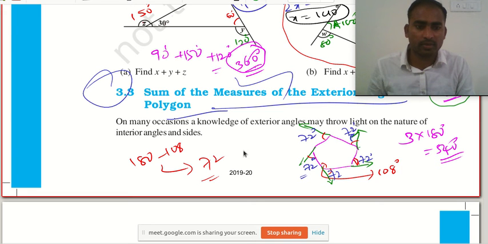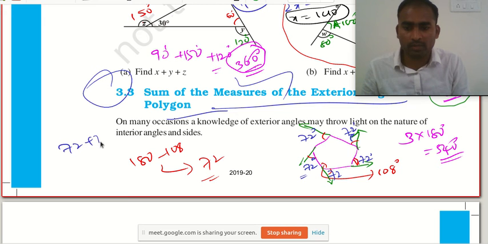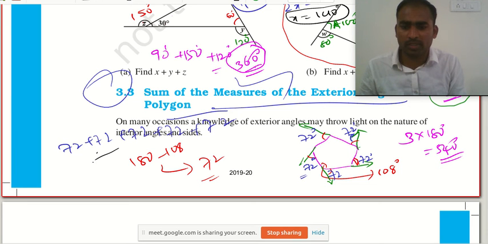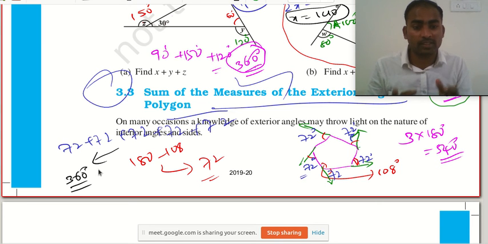Clear? Yes, sir. Then what is the sum of all the exterior angles? 72 plus 72 plus 72 plus 72 plus 72. The sum is equal to 360 degrees. So for a pentagon also the sum of exterior angles is 360, but the sum of interior angles is 540.